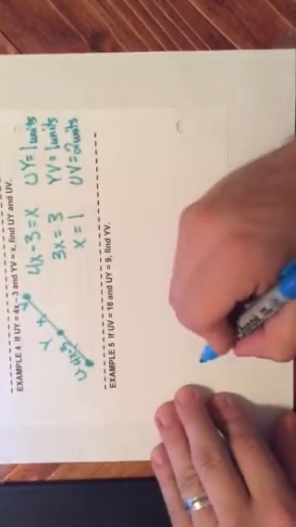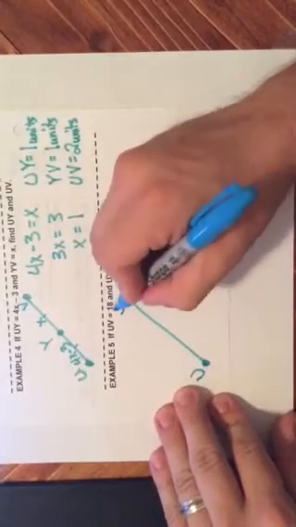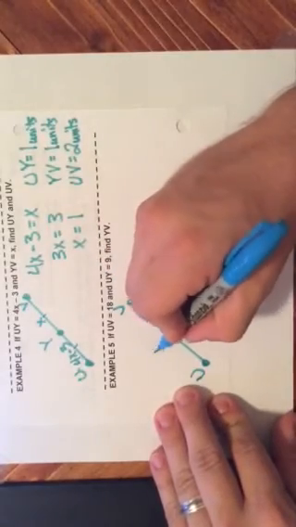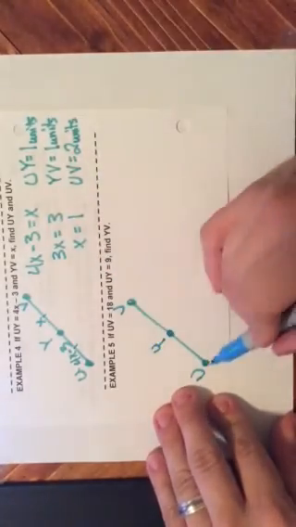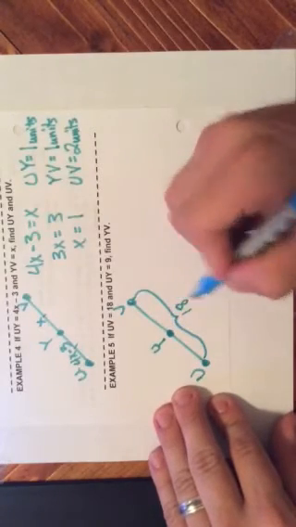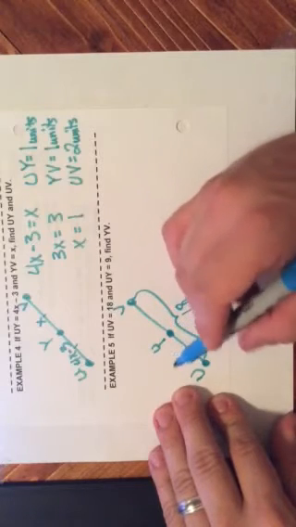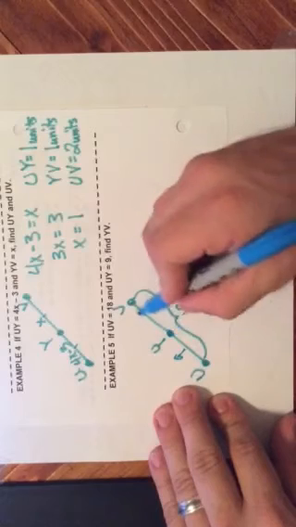Example 5. Got a segment uv, we've got a bisector y, and we know that uv, notice it's very important that you're looking at what piece they're telling you, is 18, and uy is 9. It asks me to find yv.